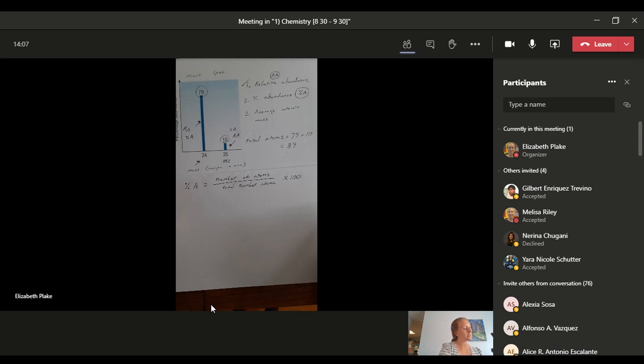The one catch with this formula is I want you to do your division first. So I'm going to put that in parentheses. I need to divide first, and then I'm going to multiply.